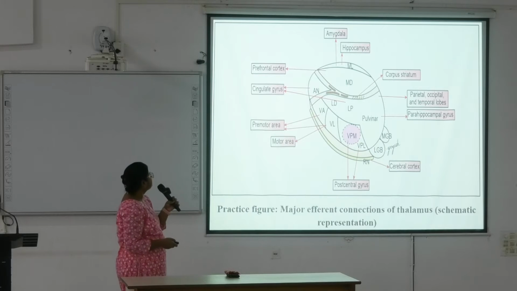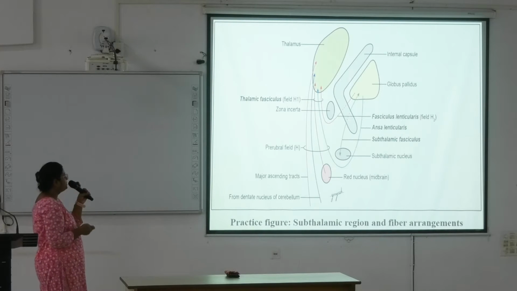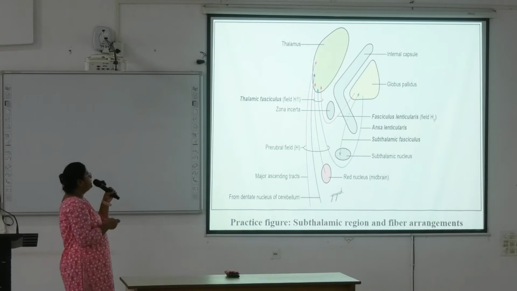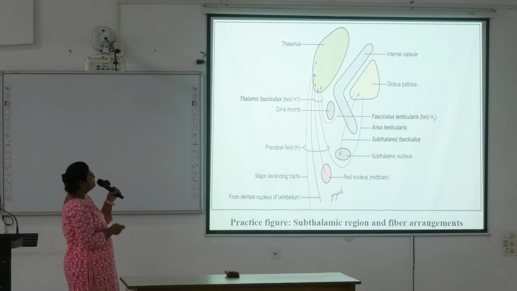Next, see these fibers are showing the afferent and efferent. So here is thalamus, internal capsule, and here is the globus pallidus. So you can see these arrows are showing the ascending tracts.